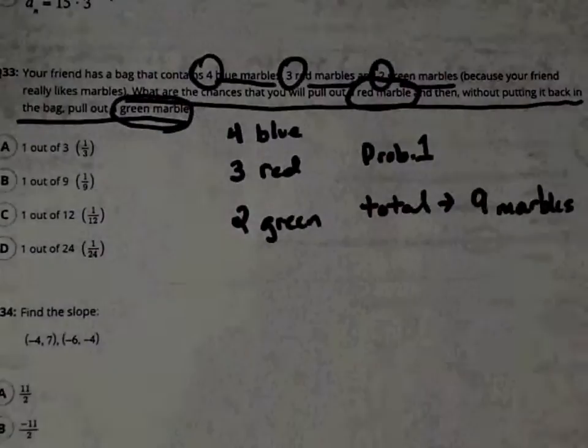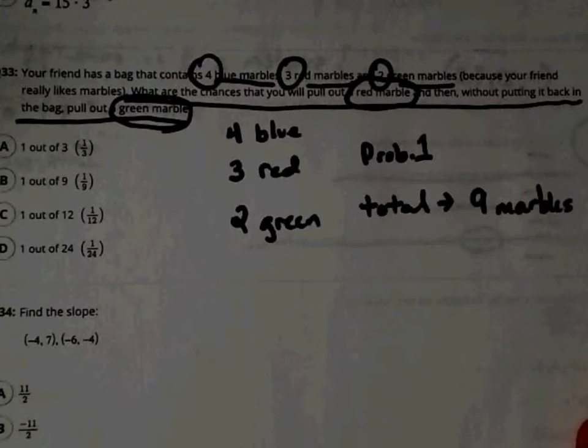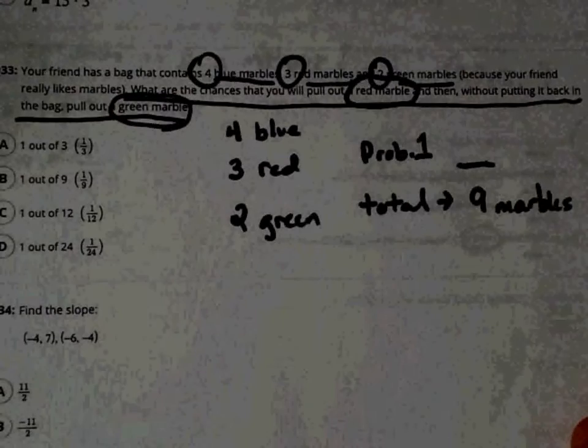And then when we start talking probability, probability for the first event is what am I going to do? How many marbles am I pulling out in the first event? 1. 1 marble. And what do I know about that 1 marble? It's red. So what are the possible red marbles in the bag? 3. Huh? Well, 2 when you take 1 out.